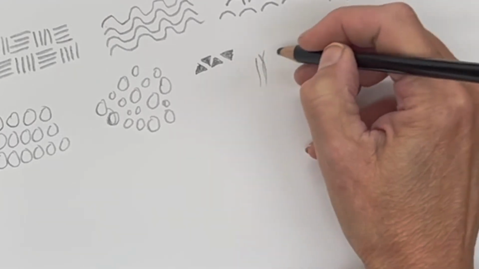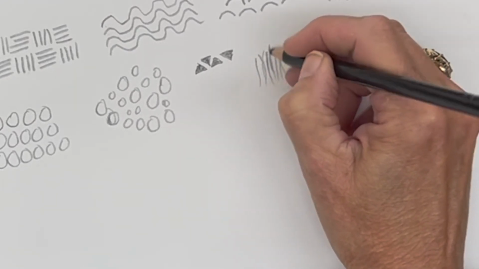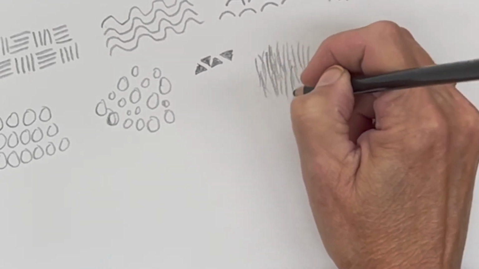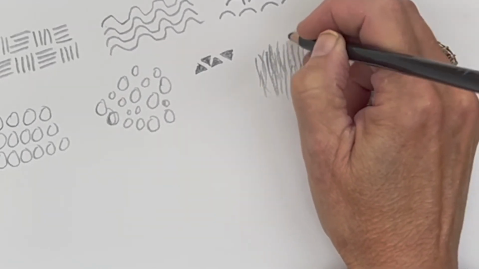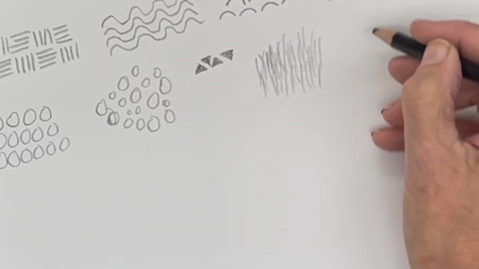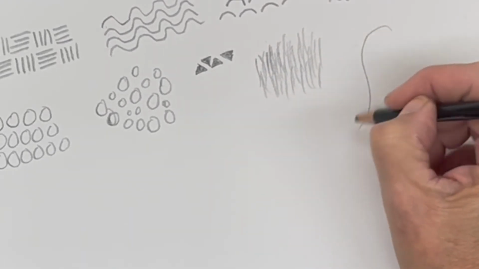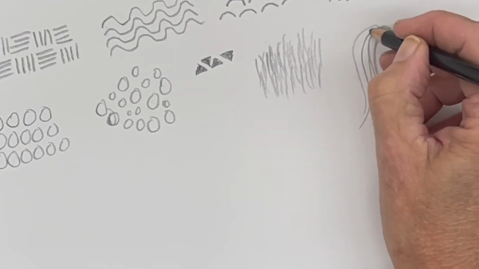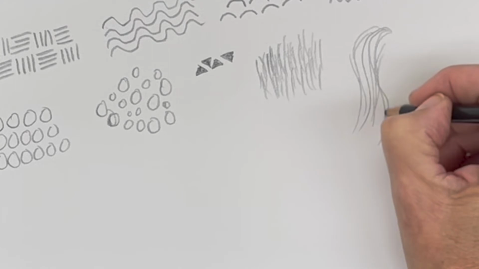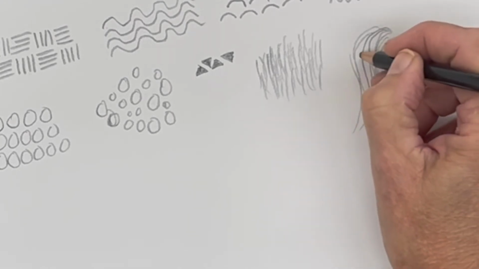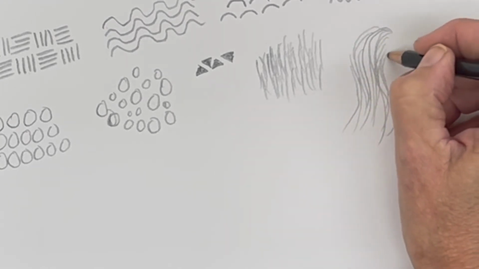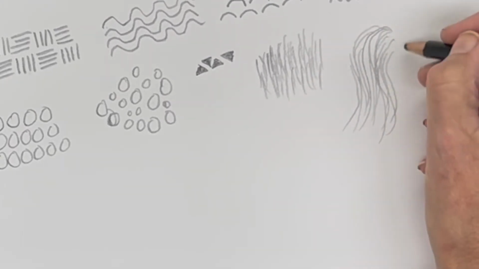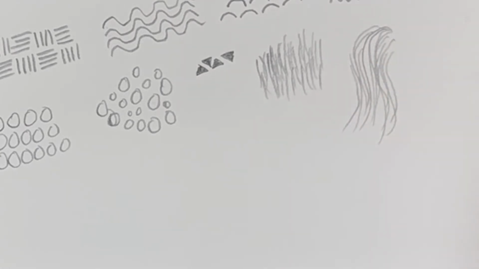I could do lines like this that kind of look grassy. And if I put a bunch of lines together, kind of like this, it may start looking like hair, like a horse tail, or a girl's long hair, or something like that.